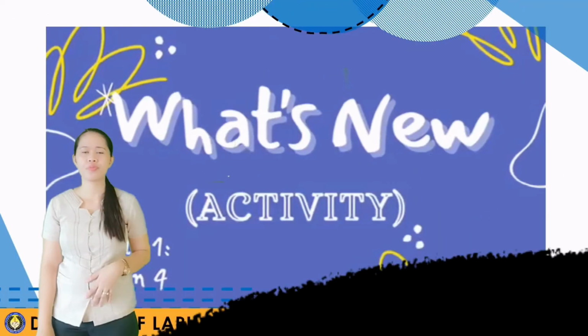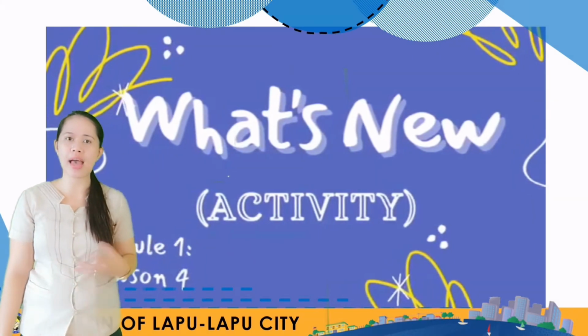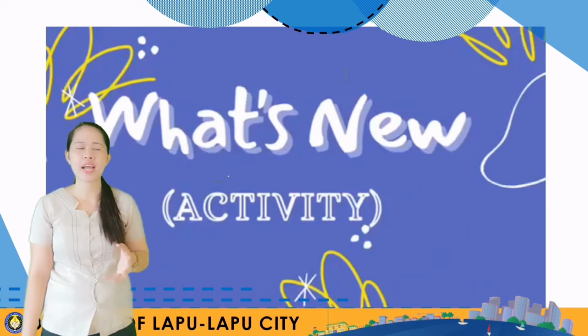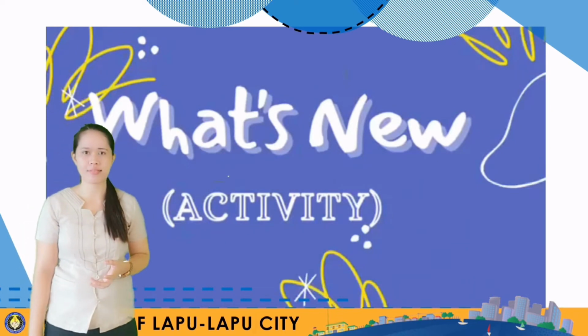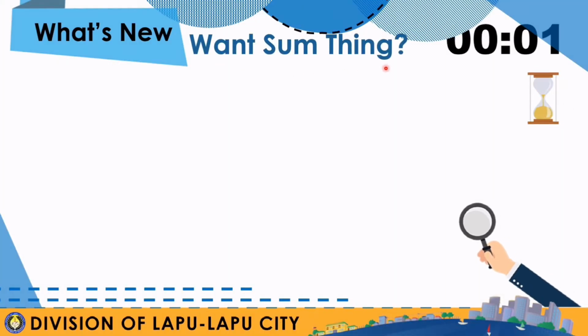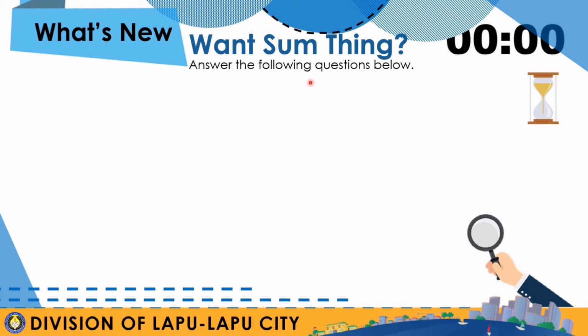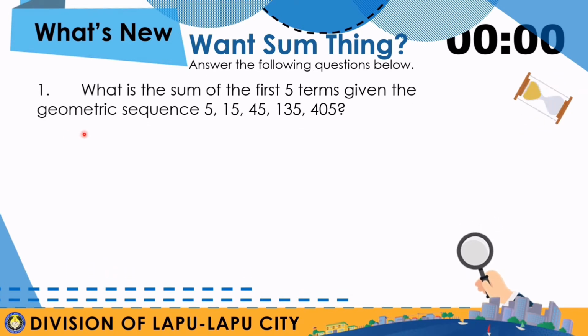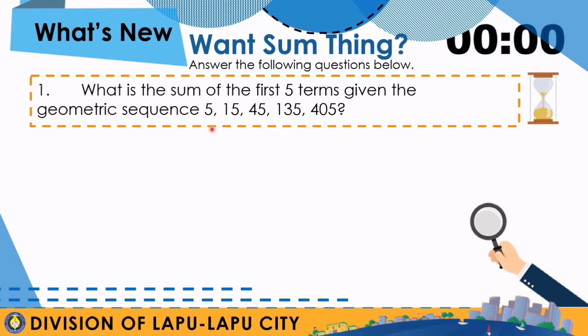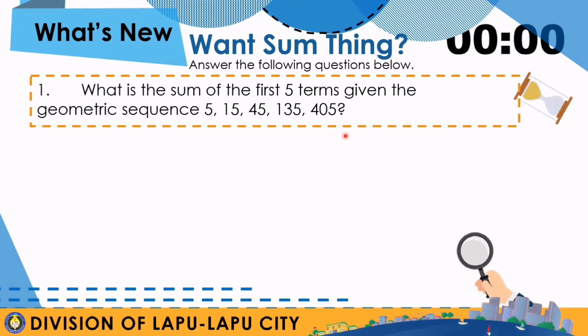What's new? For this part, we are going to have an activity to give examples on finding the sum of the terms of a geometric series. So here we go. Let's check your skill in adding numbers. Please answer the following questions below. Number 1. What is the sum of the first 5 terms given geometric sequence 5, 15, 45, 135, and 405?